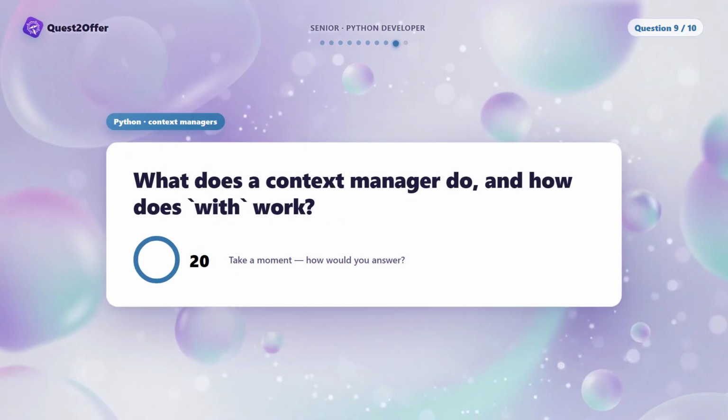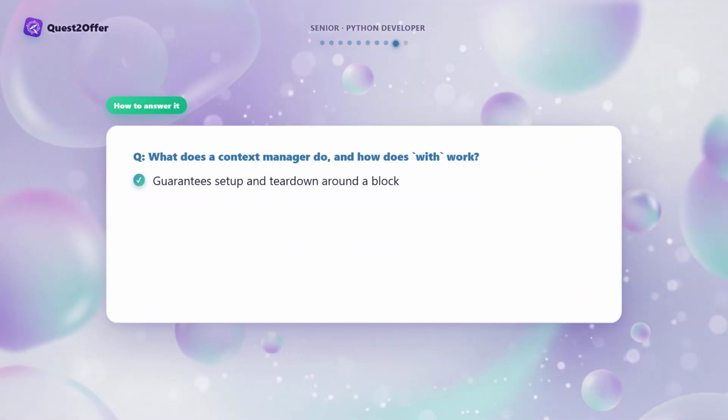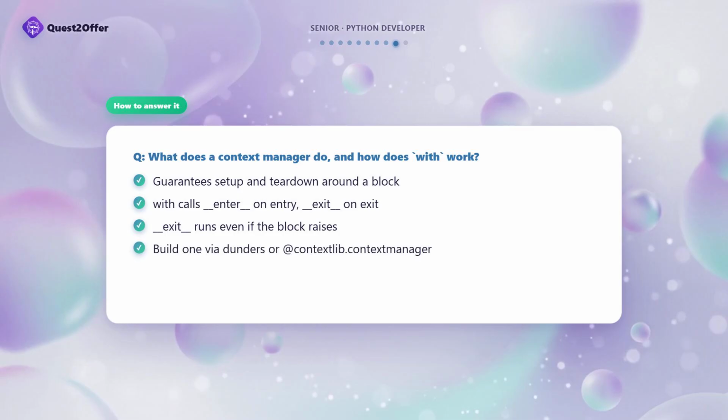What does a context manager do, and how does with work? A context manager guarantees setup and teardown around a block, most commonly acquiring and releasing a resource.